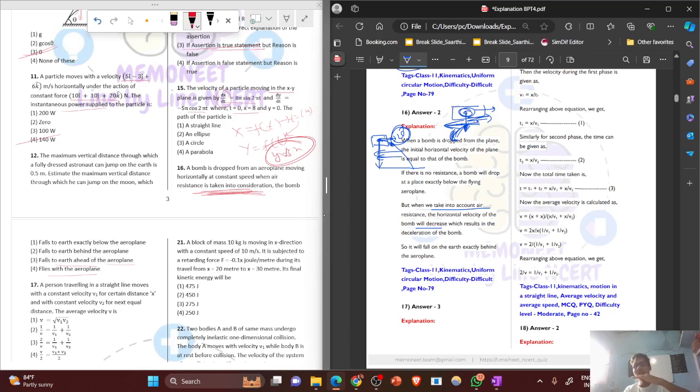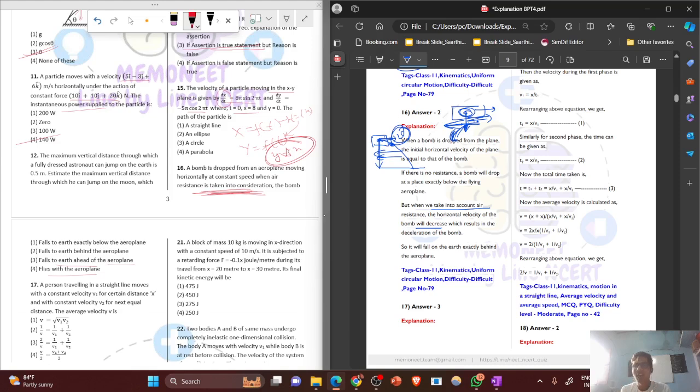If you are looking from the ground, then when we drop a ball, it follows a parabolic path. But if you are looking from the aeroplane's frame, the ball will go exactly down. According to the question and the explanation, if you take the aeroplane's frame and there is no resistance, the ball will just go down. But if there is resistance, it will fall back.